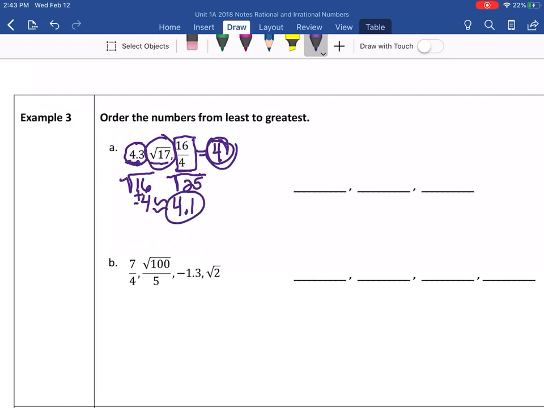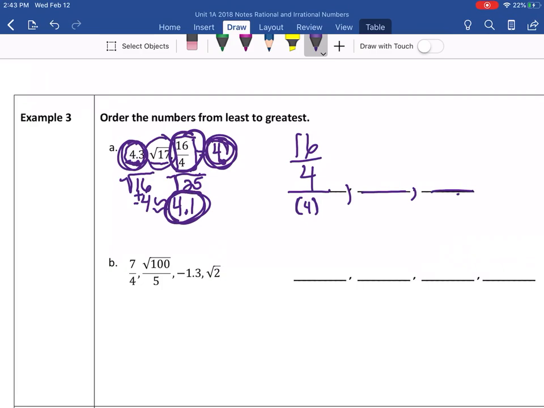Now, if we look at this, we have 4, 4.1, and 4.3. Those are the orders, but you have to put the originals on the lines, separated by commas. The smallest one would be the 4, and that was your 16 over 4. Now you don't have to write this stuff down here on the bottom, I'm just showing you.